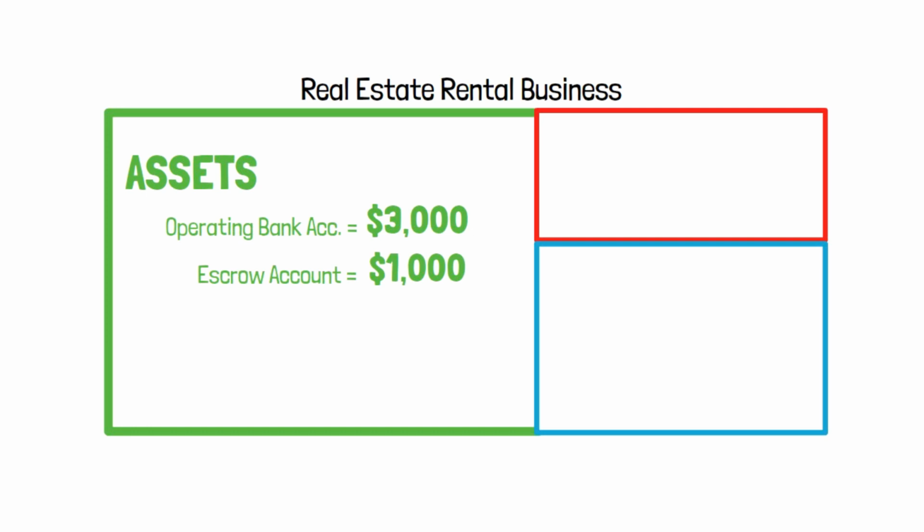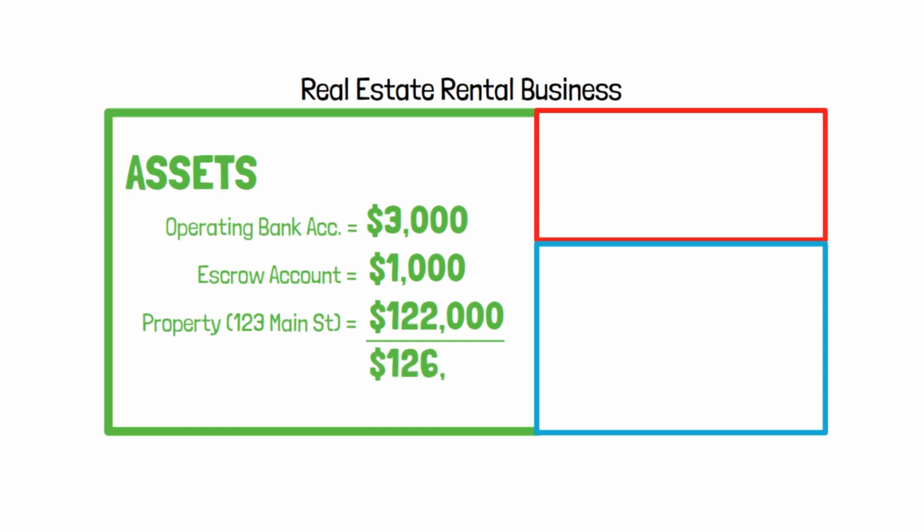Finally, we see that you created a real property asset of 123 Main Street, representing your very first rental property that you acquired for a total of $122,000. So, the total of the business assets as of this date is $126,000.